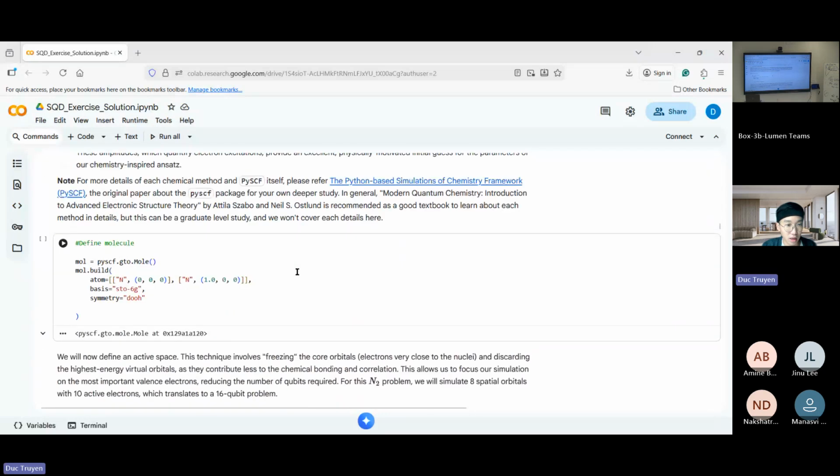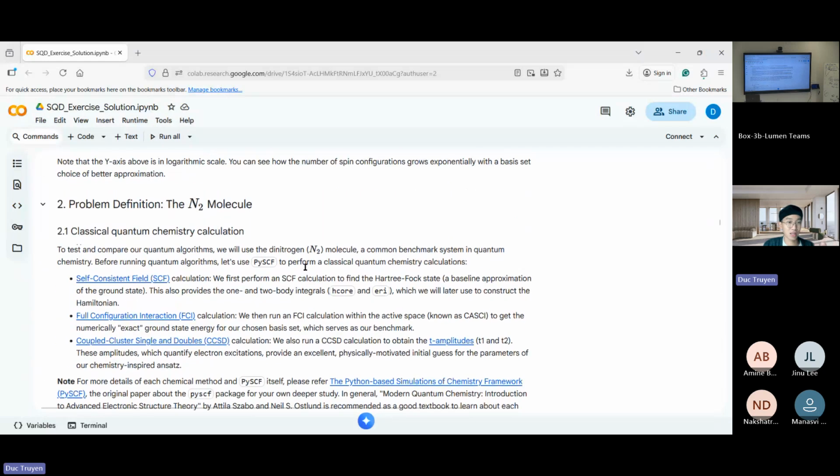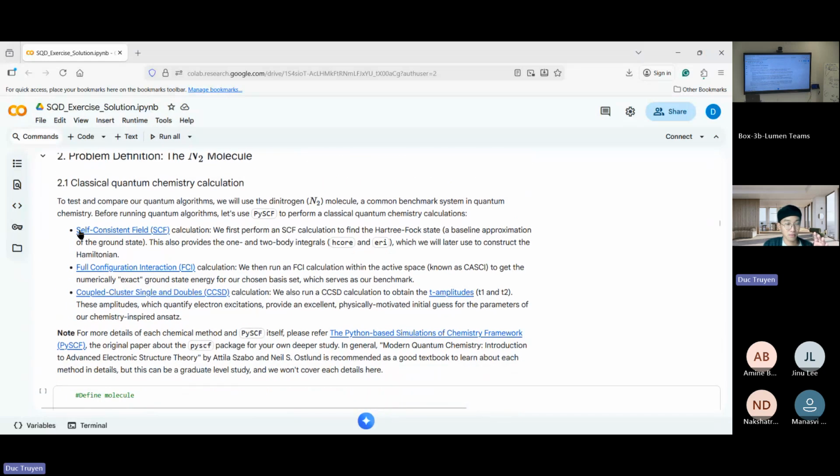But they also provide some pre-calculated information that we can fit into the data, like the initial guess for the answers. That's also helpful. We use the classical computer and this package to pre-calculate some approximation or initial guess.